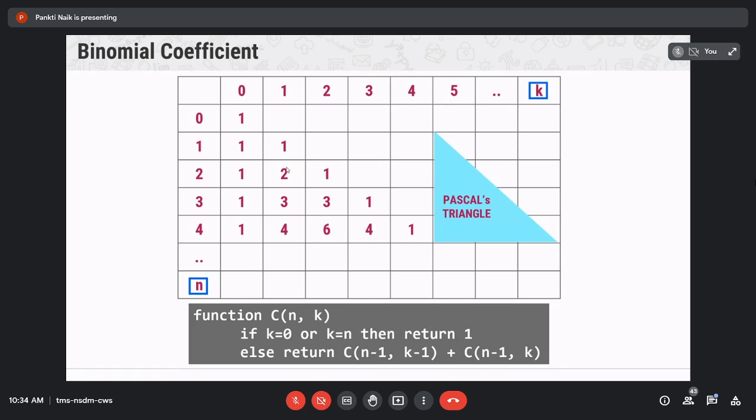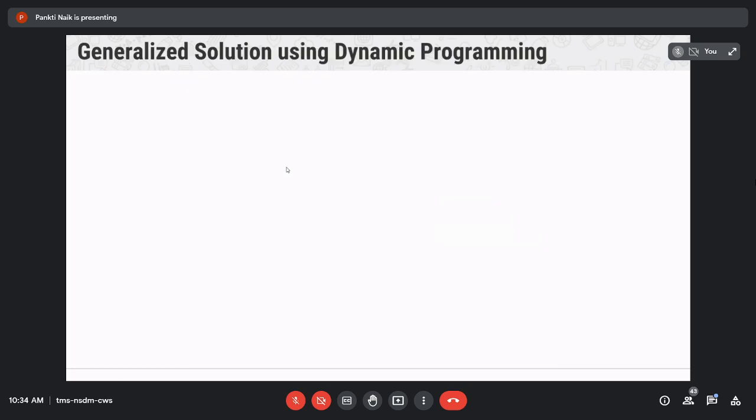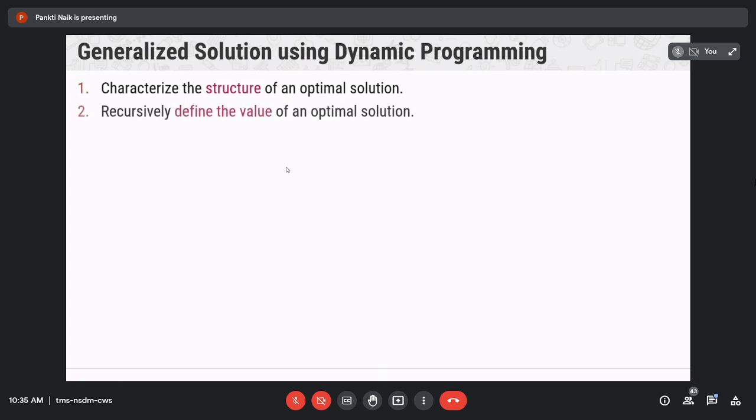So basically, it is a structure known as Pascal's triangle. So this algorithm is used for computing the binomial coefficient. So this is the generalized solution using dynamic programming. First, characterize the structure of an optimal solution.